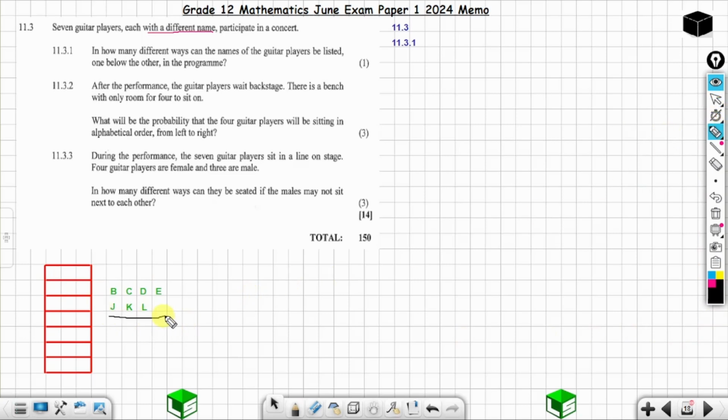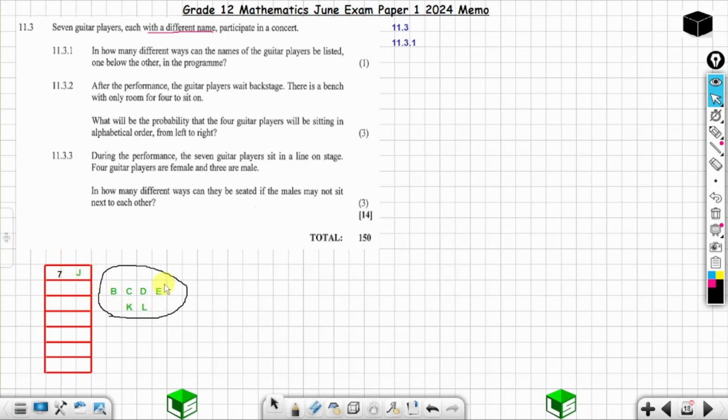For example, I can choose J to be in the first place.